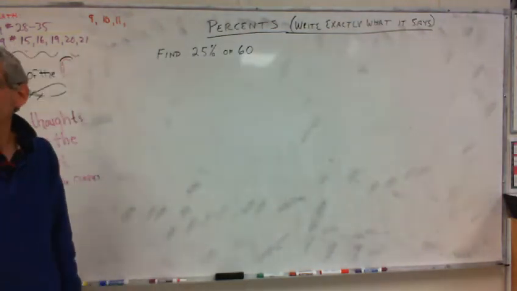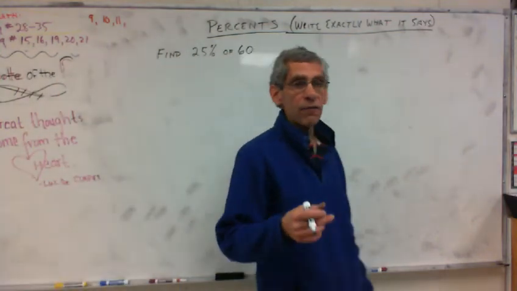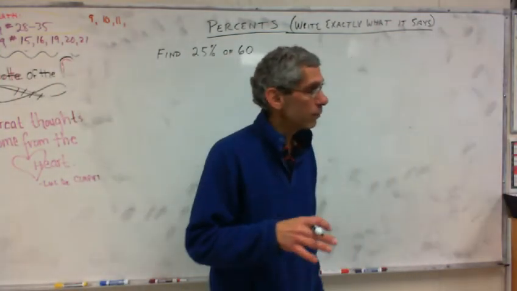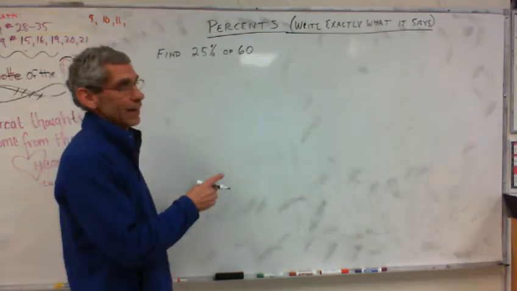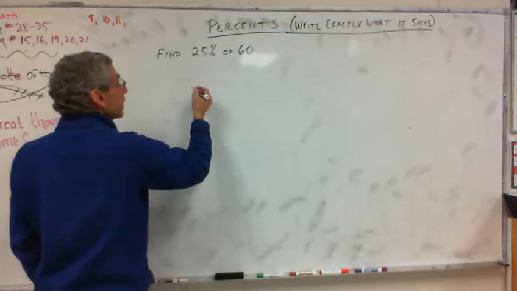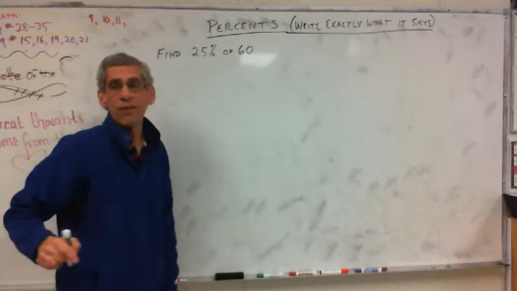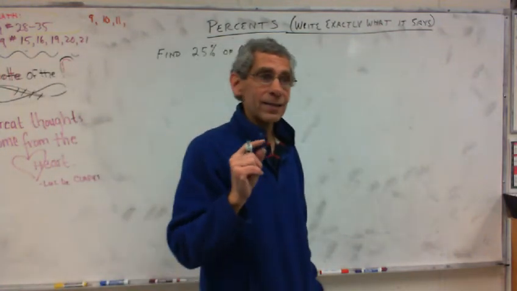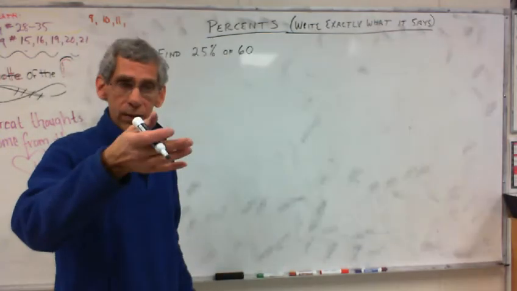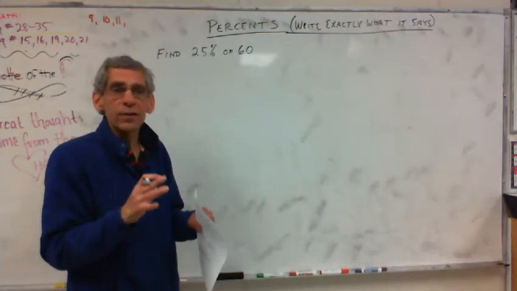What does of always mean in math? Does everybody know that? Every time you see the word of in math, it means multiply. So you're going to write exactly what it says. That's why I put that up there. But I'm going to turn 25% into a decimal. Couldn't you just do it in your head? Yeah, you could, but I want you to get the practice.